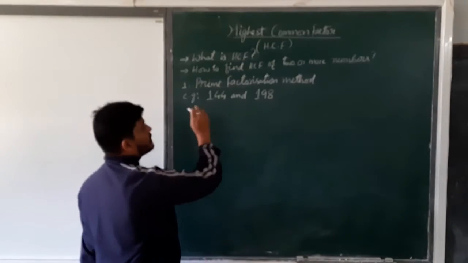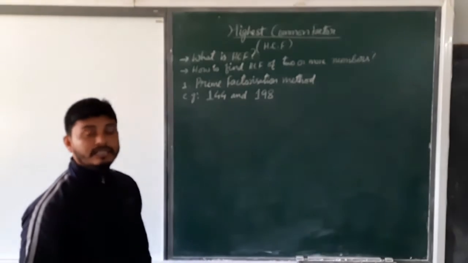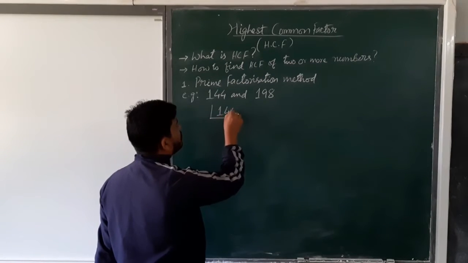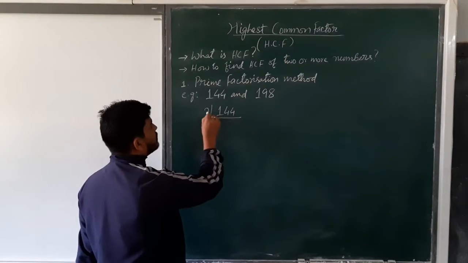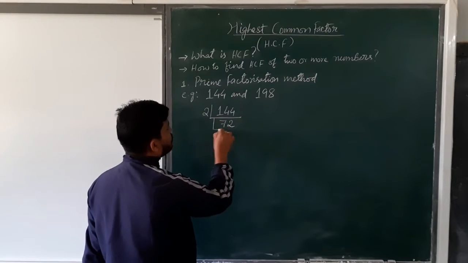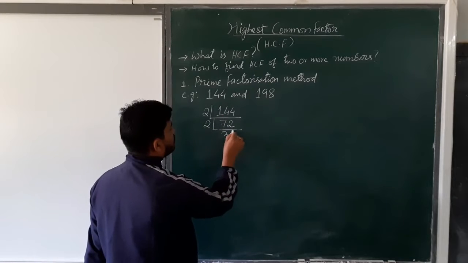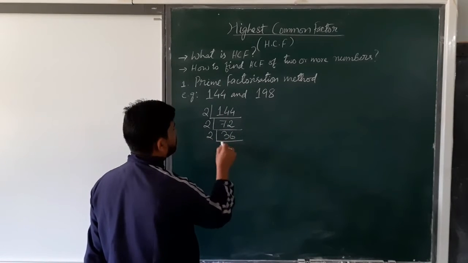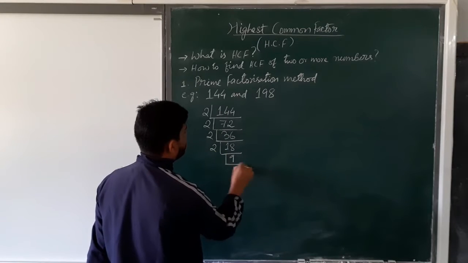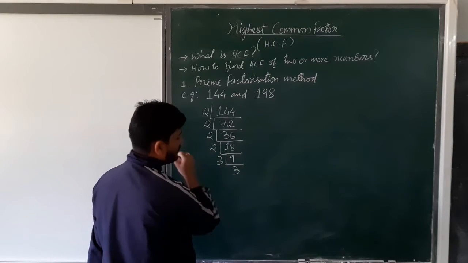Okay, so first as I defined, let us find out the prime factorization of both the numbers. 2 72s are 144, 2 36s, 2 18s, 2 9s, 3 3s, 3 3s.